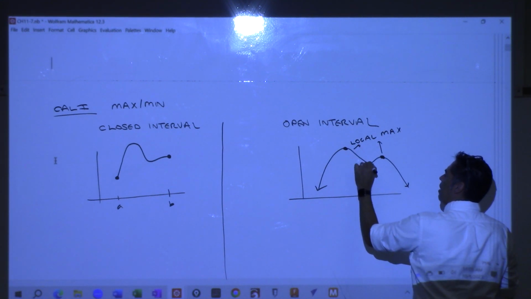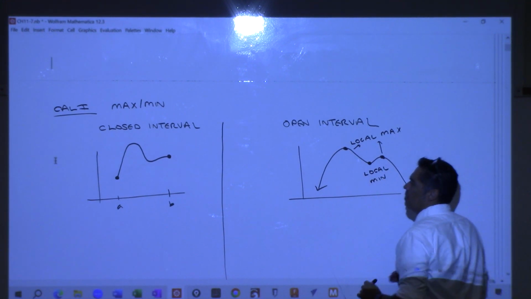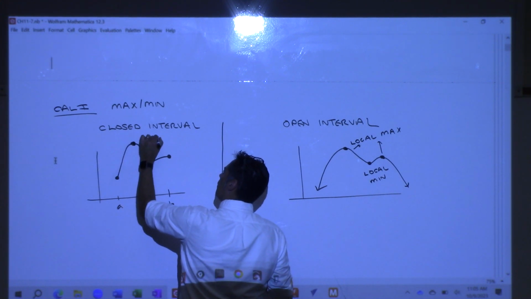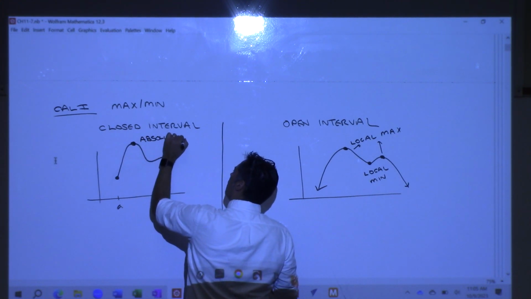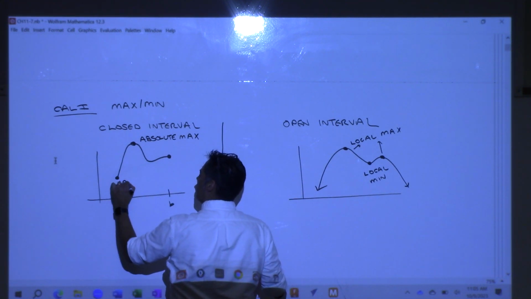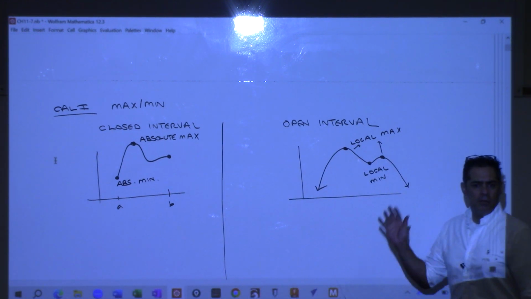And then we have this right here, which would be a local minimum. This point here would be an absolute max, and the absolute minimum would be here. This all ring a bell? Cal 1? Ring a bell?